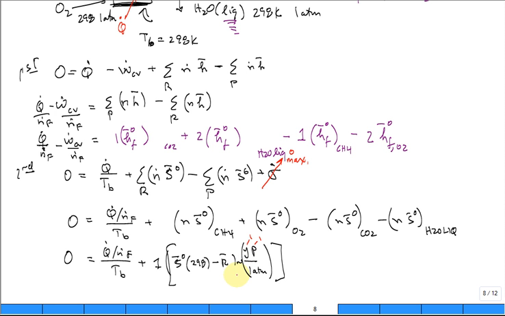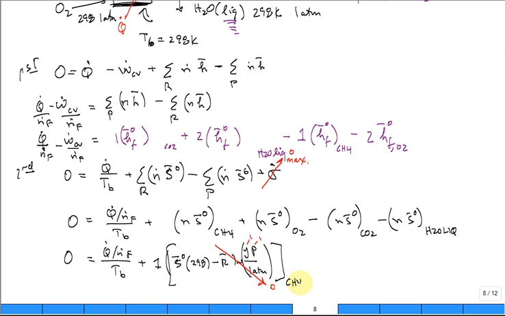Natural log of 1 is 0. So this whole part goes to 0. So all you're left with is the value of the absolute entropy at 298, and I get it out of the table. Okay. This is for the methane, CH4.